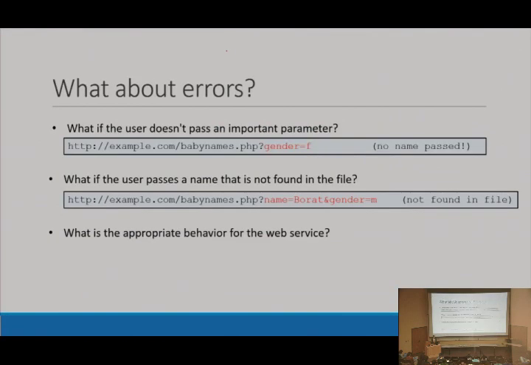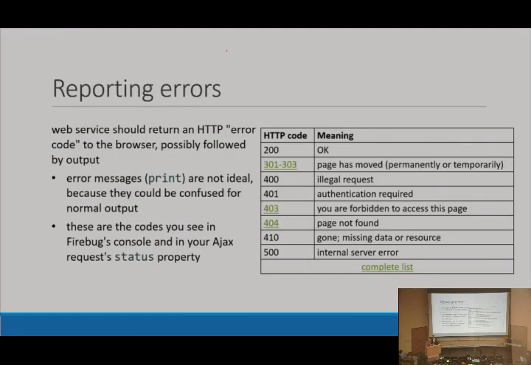It gives you an error code, and I believe the one in weather is 410 gone. Well, there are a lot of different error codes you can use. When we have errors, if somebody doesn't put in enough parameters, like I did at the beginning, or if they put in a combination that's simply not there, you can make one of these error codes happen.